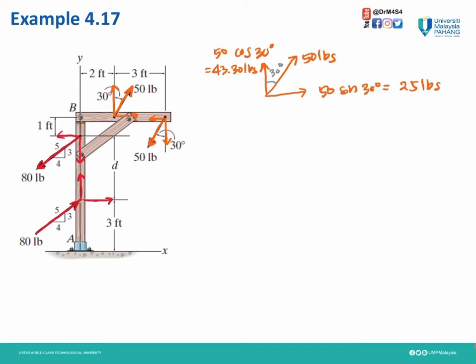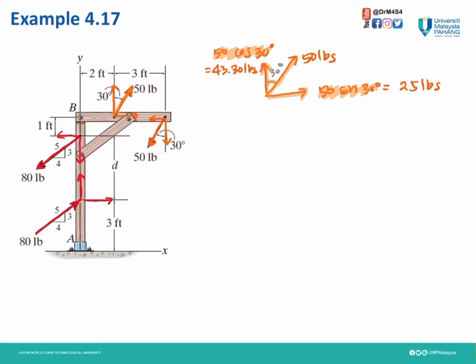So we take the 50 pounds first. For the 50 pounds, the angle given there is 30 degrees. So easily we can resolve it into this axis and this axis, where this axis is 50 cos 30 and this axis is 50 sin 30.